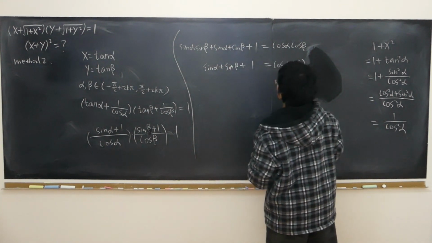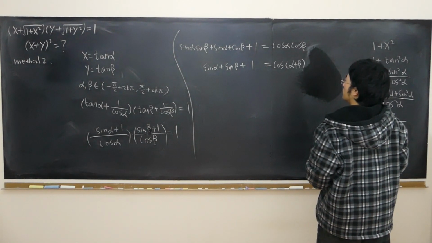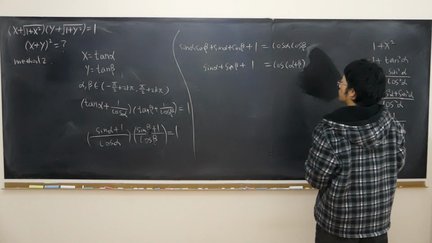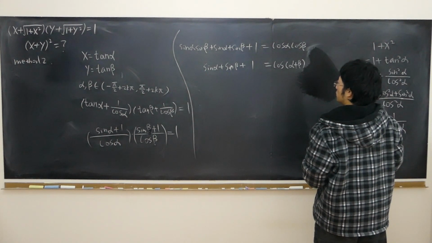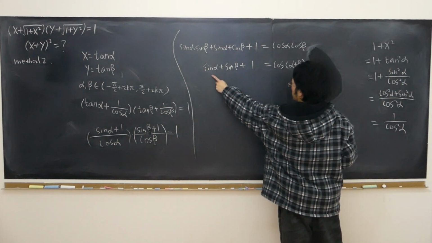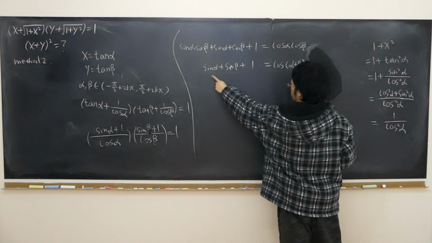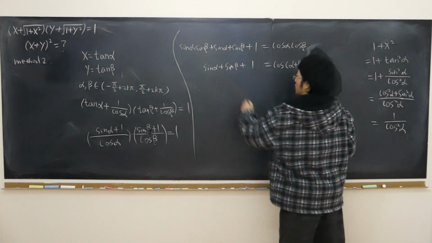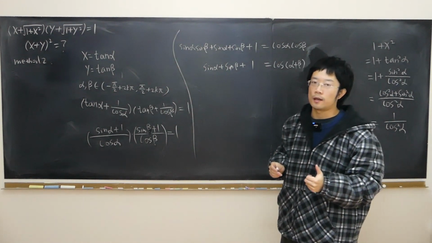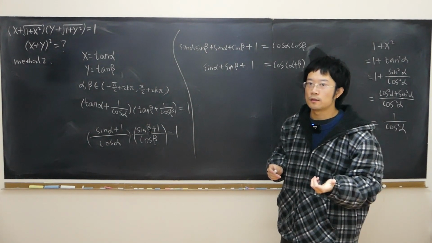All right. Now let's see if we can further manipulate the equation. Every time we see the sum of two different trig terms, we can use the so-called sum to product, STP.